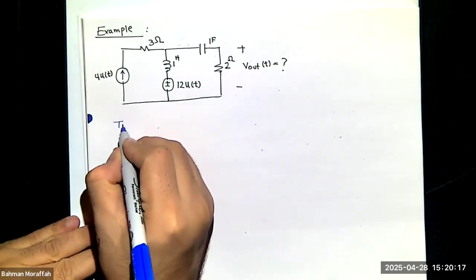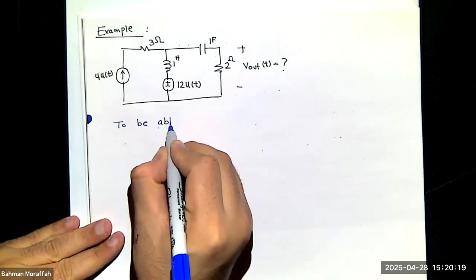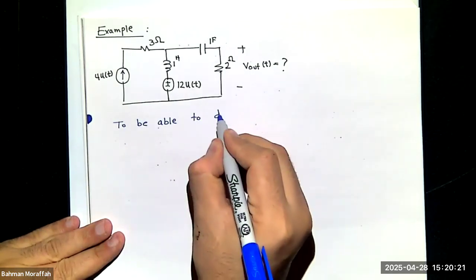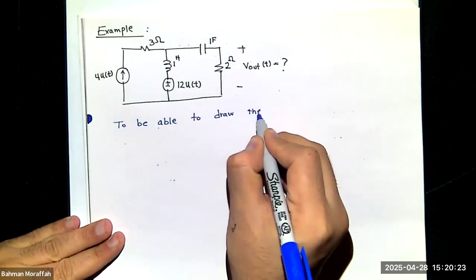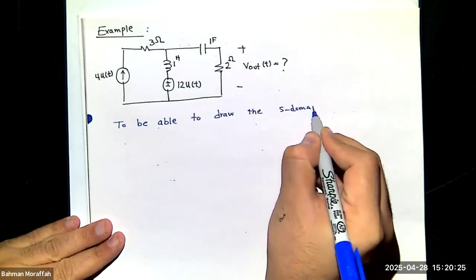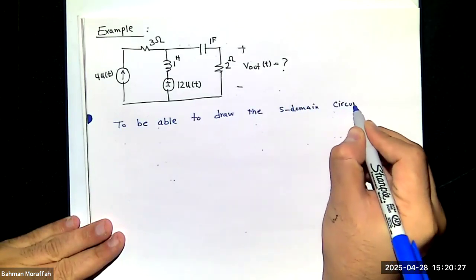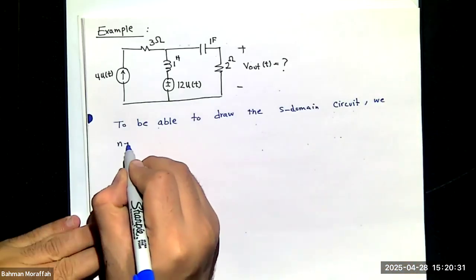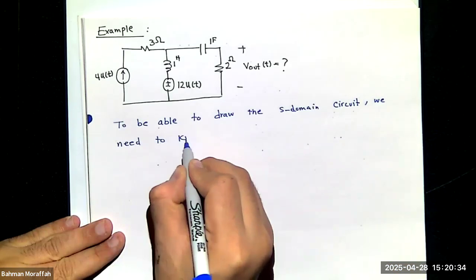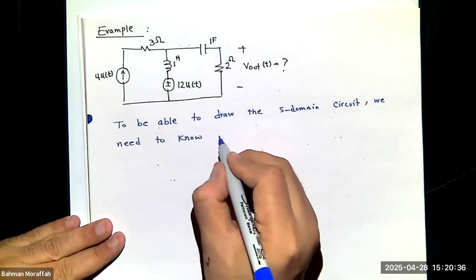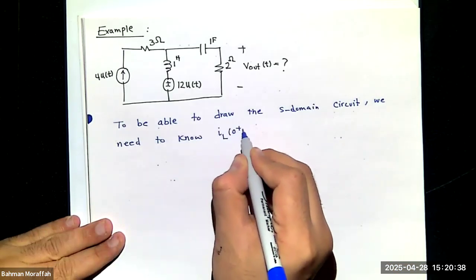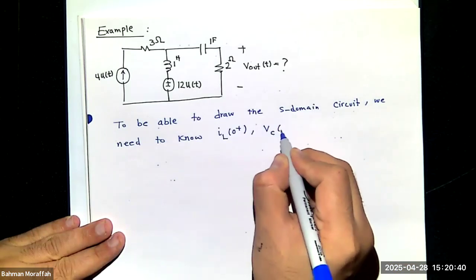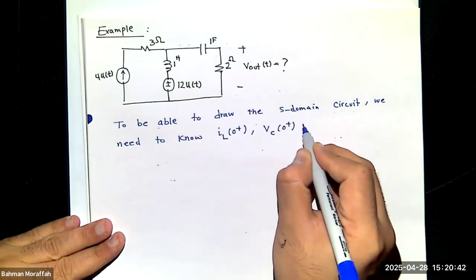So to be able to draw the S domain circuit, we need to know IL at time 0 plus and VC at time 0 plus.